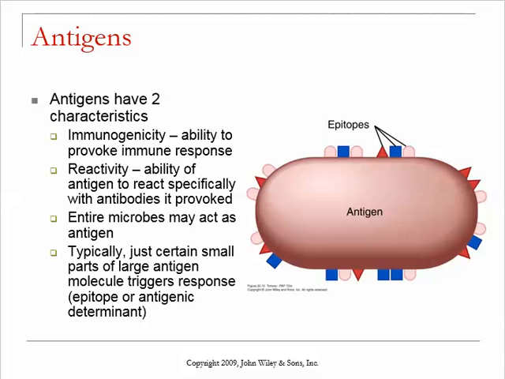It causes a different part of the specific immune system to get involved. Now, some pathogens have many antigenic determinants. So what will happen is they'll get attacked by 3 or 4 or 5 or 6 different branches of the adaptive immunity. Other things have maybe only one antigenic determinant, so the response against it will be much weaker.